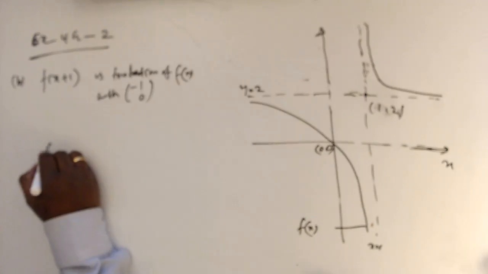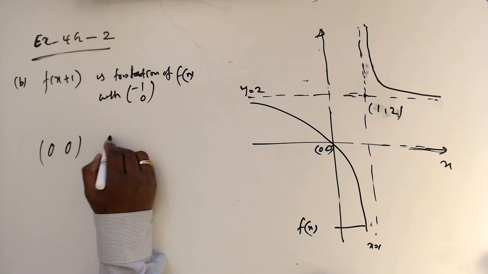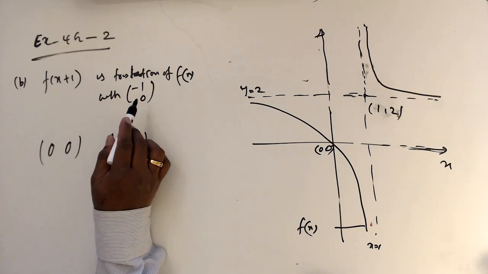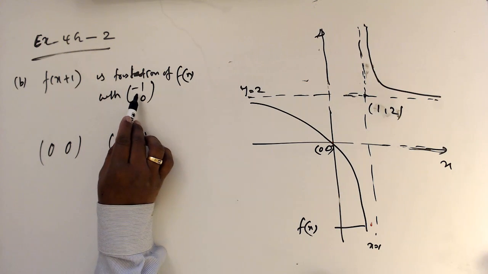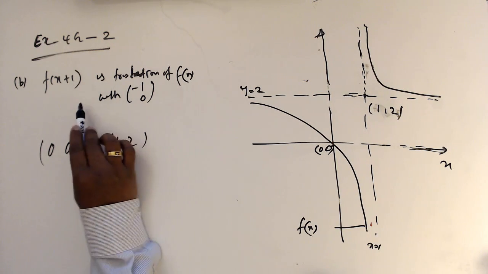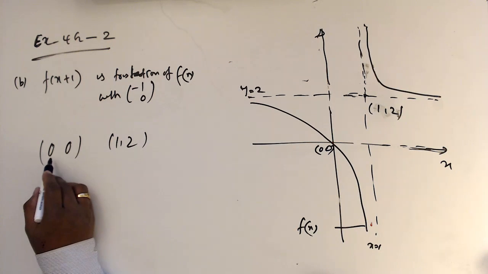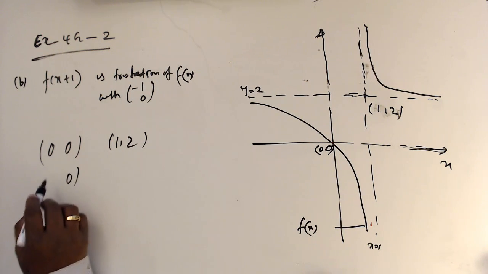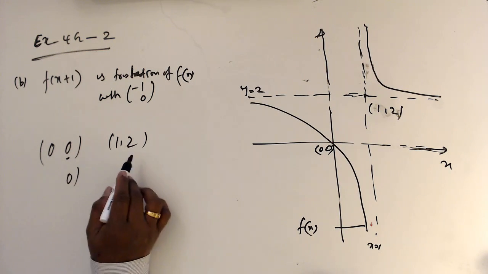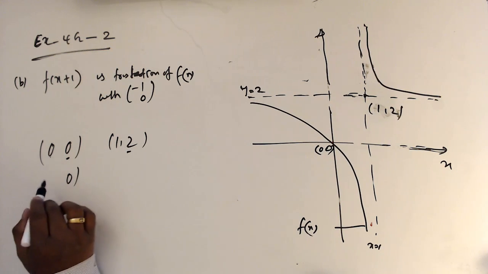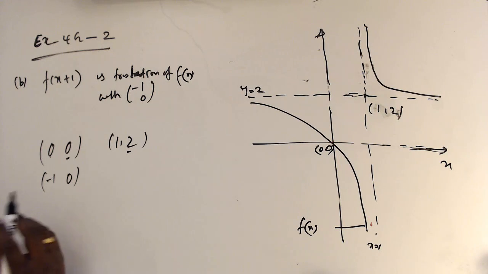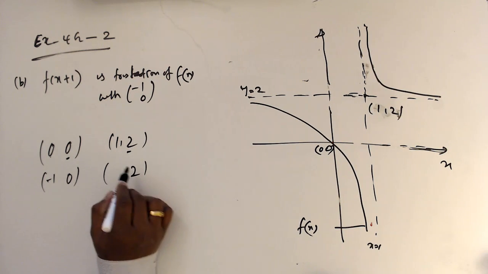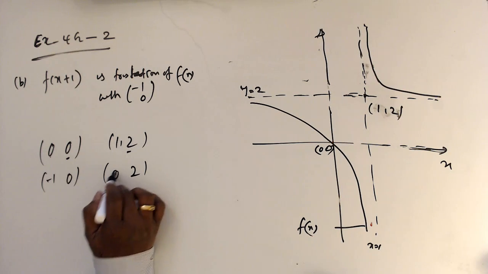So I have my standard values 1 and 2. So I have to shift x by 1 to the left. In this case, y is as it is, 0 becomes minus 1. I shift. And this 2 is as it is, 1 becomes 0.